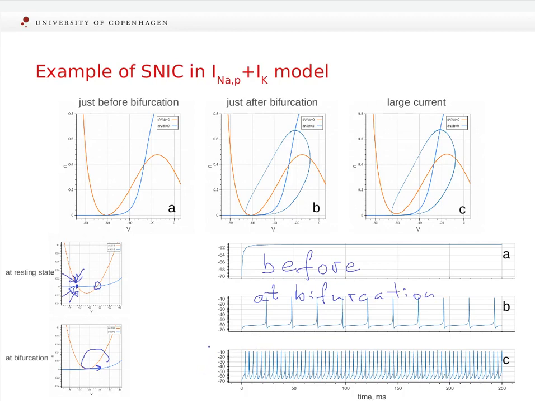So we increased a lot of the polarizing current in here, and the separation between the two nucleons is more. So this is the V nucleon, and this would be the N nucleon here. And a trajectory will pass here freely, as we will see in the next slide.